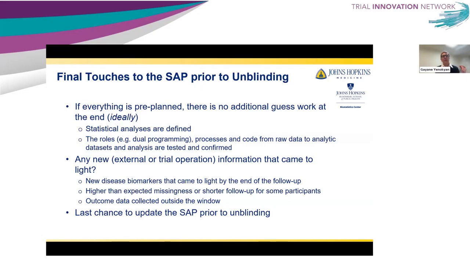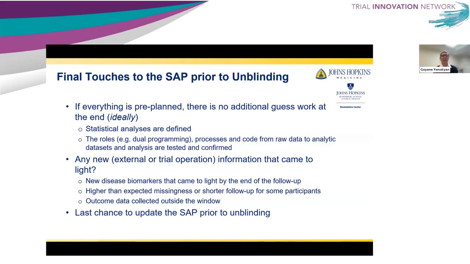So we pre-planned that there would be some additional assessment of the field, and that certain biomarkers might be added or replaced and put in as a secondary, tertiary, or exploratory endpoint. The SAP was written with that in mind, that there would be at some point this assessment and a selection made. Of course, allowing enough time to do that, taking into account the data timeline and the analysis timeline, is important.